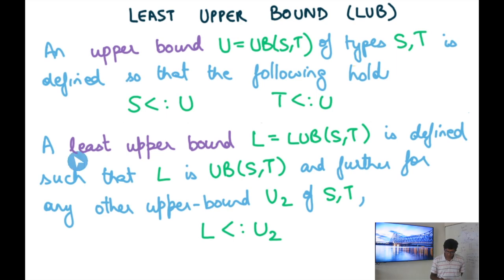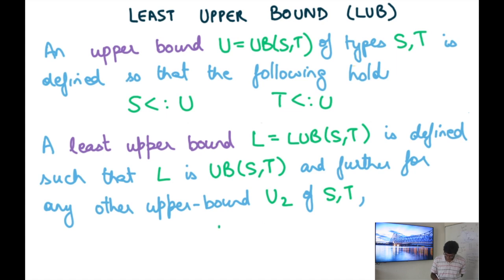There's a special upper bound called a least upper bound, which I'm calling L here, which is LUB of S, T for two types S and T. LUB is such that L is an upper bound of S and T, so it is a common ancestor of S and T. And further, for any other upper bound U2 of S, T, U2 should be a supertype of L.